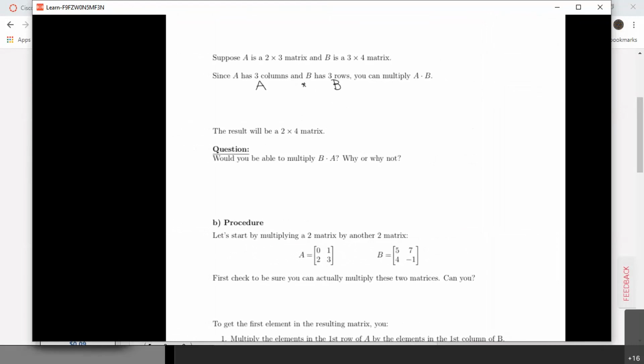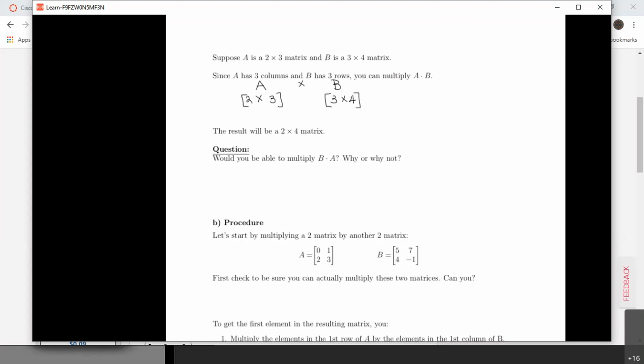You can also use a regular times symbol, whatever you want to use here. So A, let's say, is a 2 by 3, and B is a 3 by 4. Put them next to each other like that.